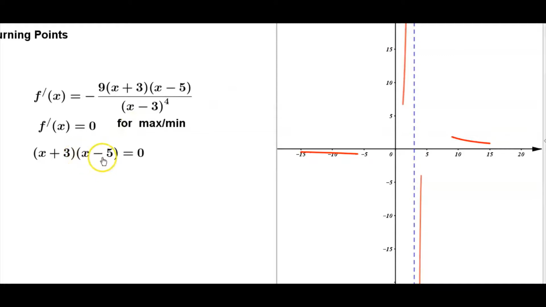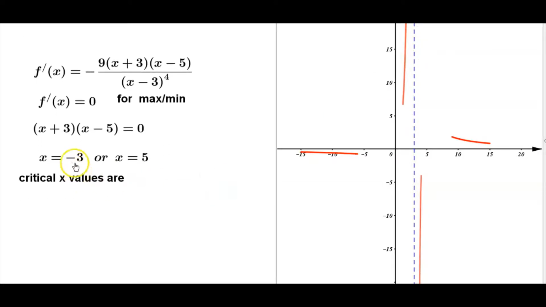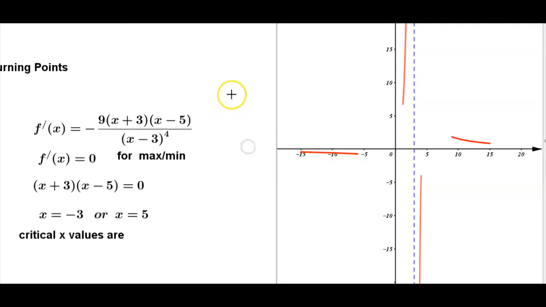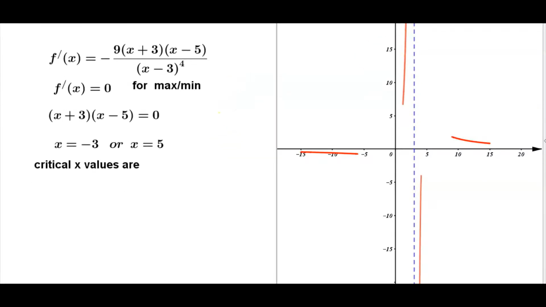Therefore, (x plus 3)(x minus 5) is equal to 0. Therefore, x is equal to minus 3 or x is equal to 5. So, the critical values are minus 3, 5 and one more value, x equals 3, where the function is not defined. Therefore, three critical values: minus 3, 3, 5.